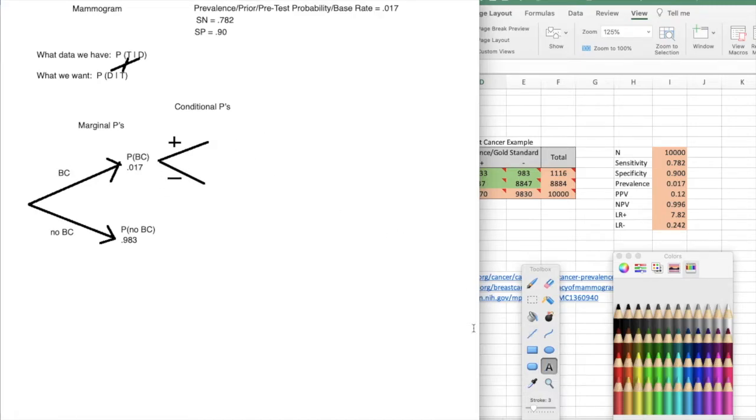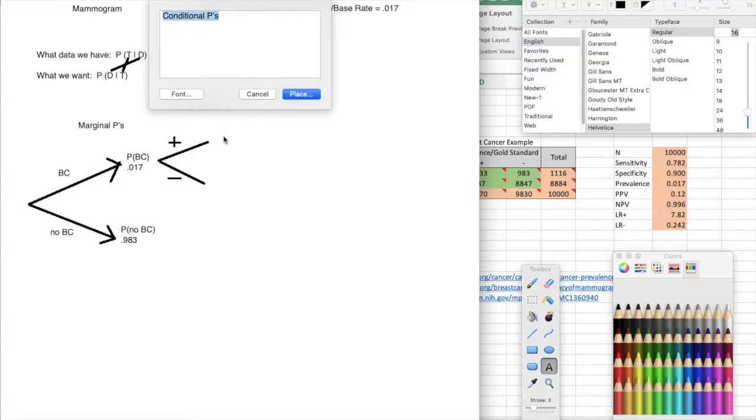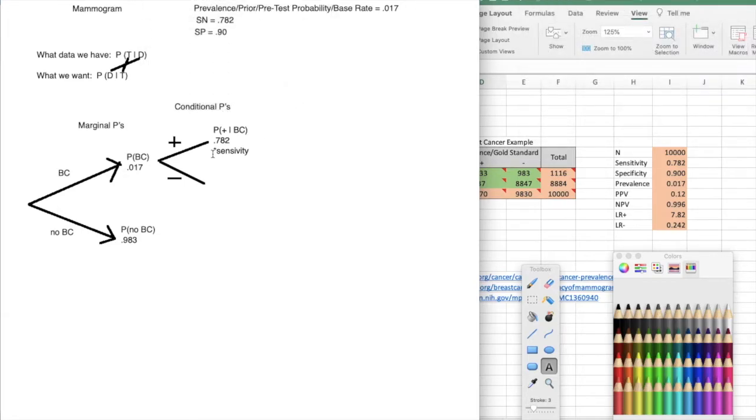And we know the probability of a positive test result given breast cancer, aka sensitivity, is 0.782. This is your sensitivity. Sensitivity. Boom.